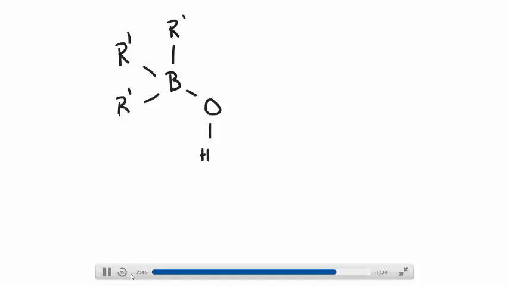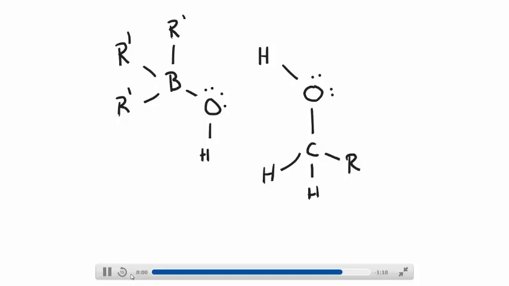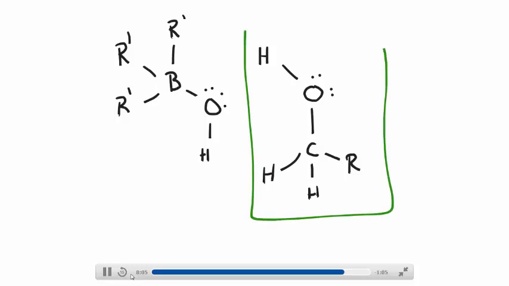So what you get as a result of all of that are these 2 chemical species. So we have been able to create the alcohol we were intending.